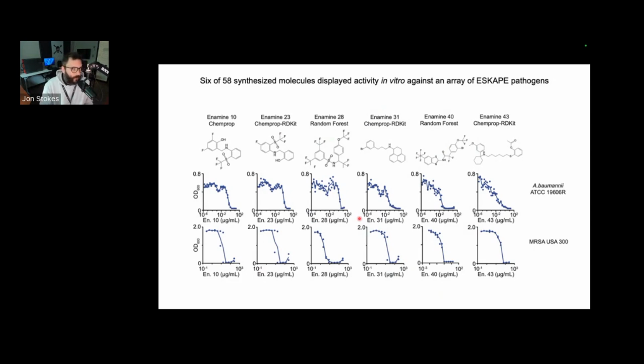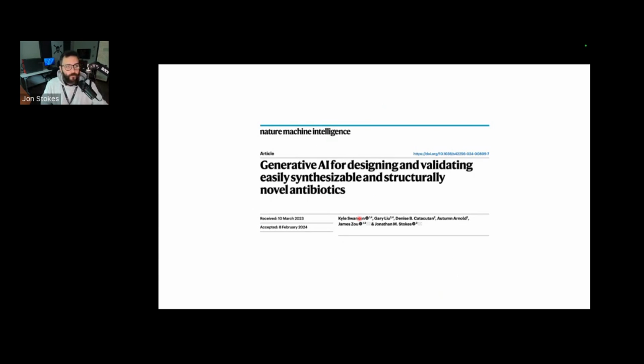So we had roughly a 10% hit rate. And for reference, the inherent hit rate of this chemical space is less than 1%. So we had at least an order of magnitude higher hit rate relative to random screening of this same chemical space. And that suggests that this whole Monte Carlo tree search-based synth-mole architecture worked.